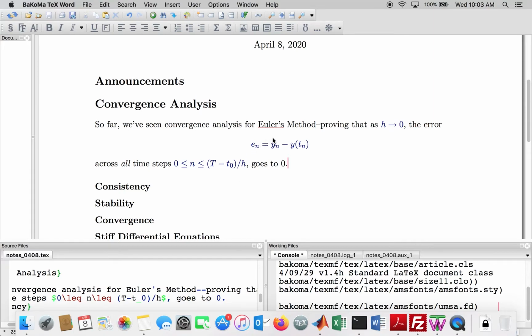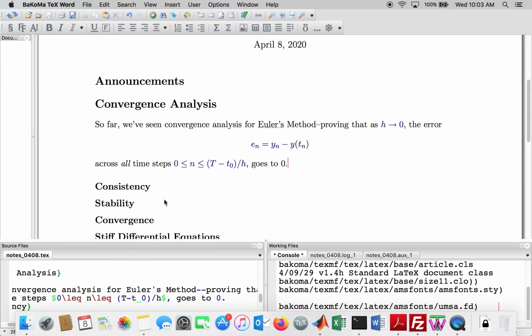With Euler's method we just went to show convergence directly, but if we break it down into showing that a method is consistent and stable, then these two can be used to imply convergence. I'll explain how we show that a one-step or multi-step method is consistent, how to show it's stable, and then from there convergence will follow.